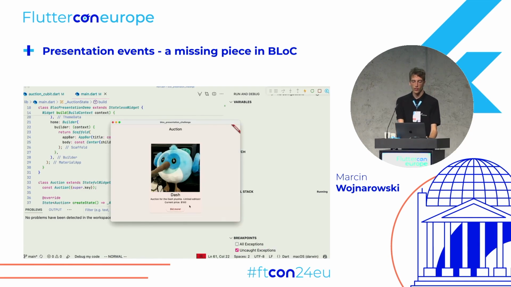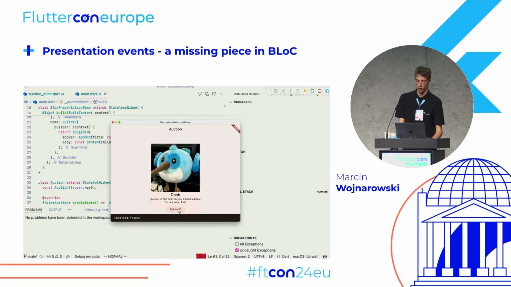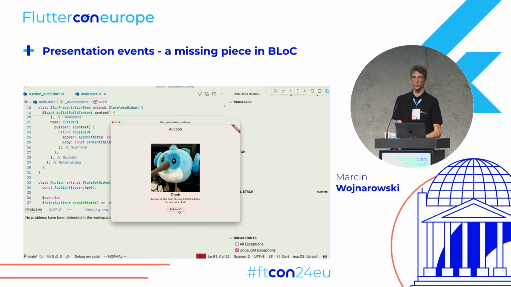So now it shows an error, or increases the price. And now you can see we actually showed the error 3 times. If I were smart enough to show the state version before, it wouldn't show it 3 times because we would emit the same state 3 times, and it would not react to it because it would be the same state. But in this case, we are able to show it multiple times, and the price goes up if we succeeded.